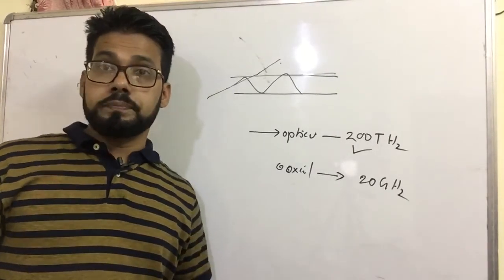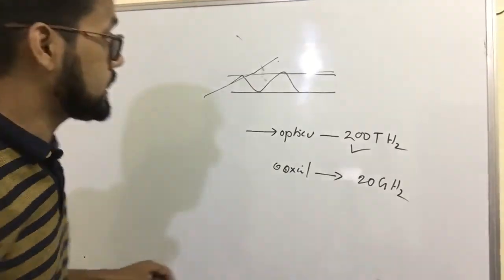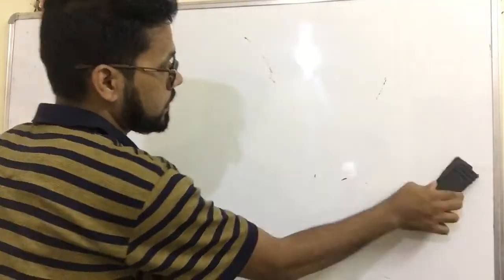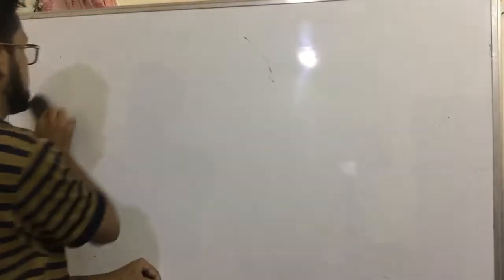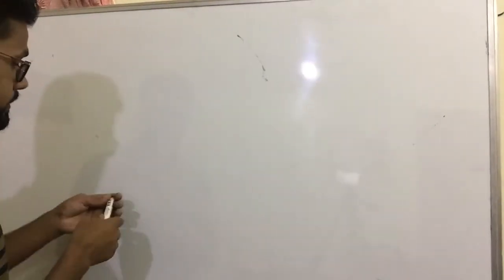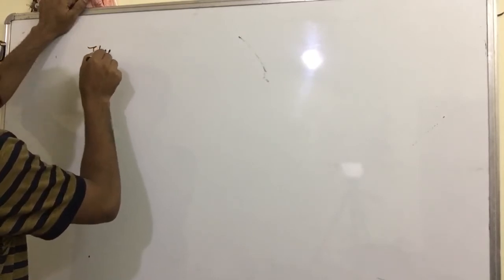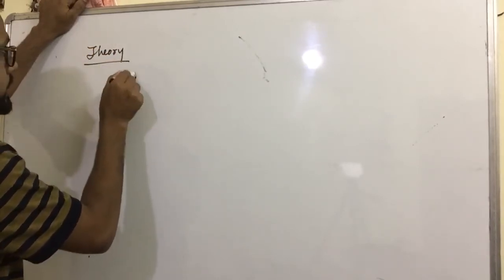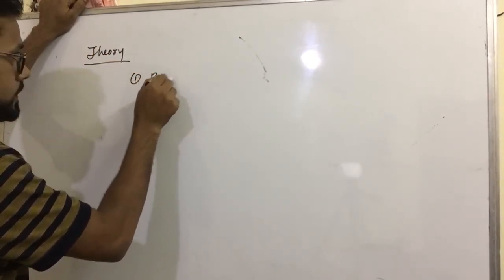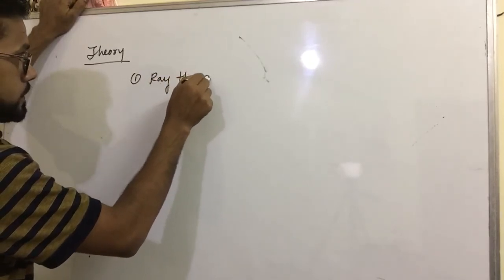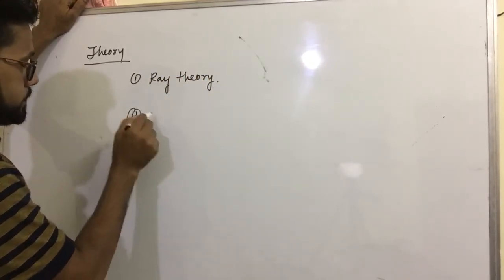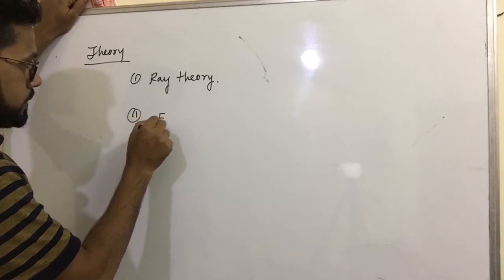Okay. Now, basic understanding. Theory: one, ray theory; two, EM theory.